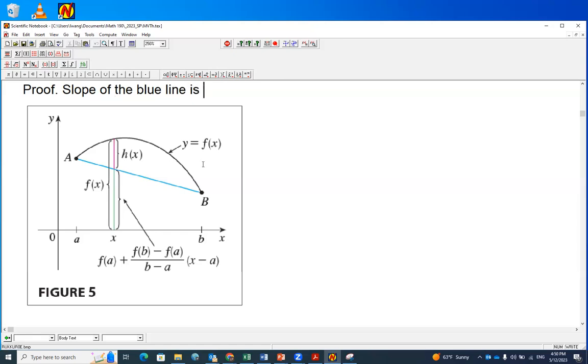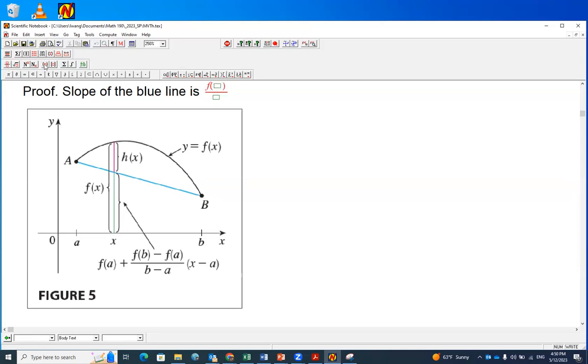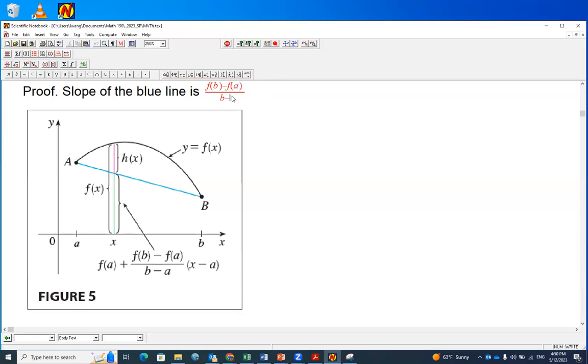is f of b minus f of a, rise over run, where the rise is f of b minus f of a, over the run b minus a. This is the slope.